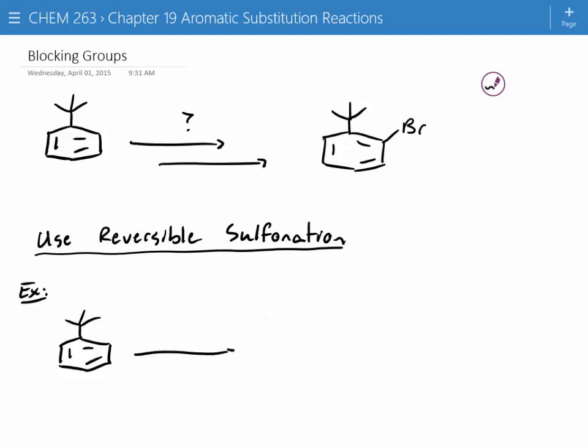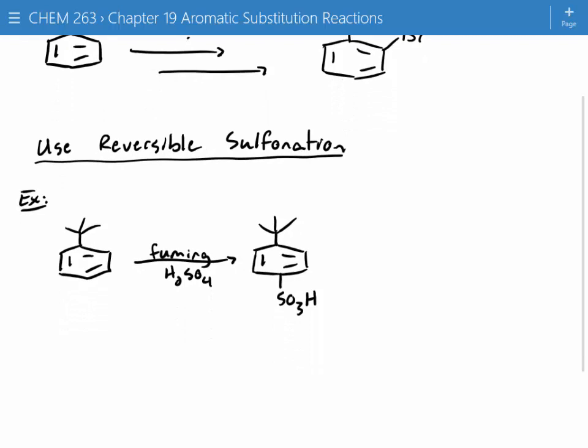So let's do sulfonation. What reagents would we need to do a sulfonation? So get this SO3H on there. Fuming sulfuric acid. All right, so now we've got a sulfonate group on there.